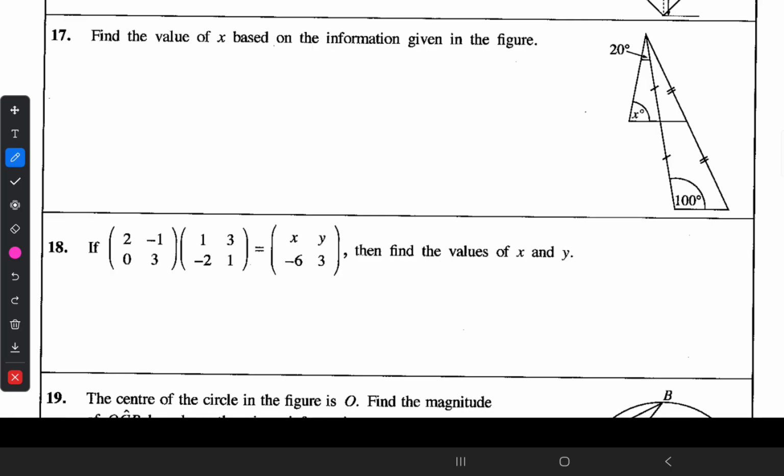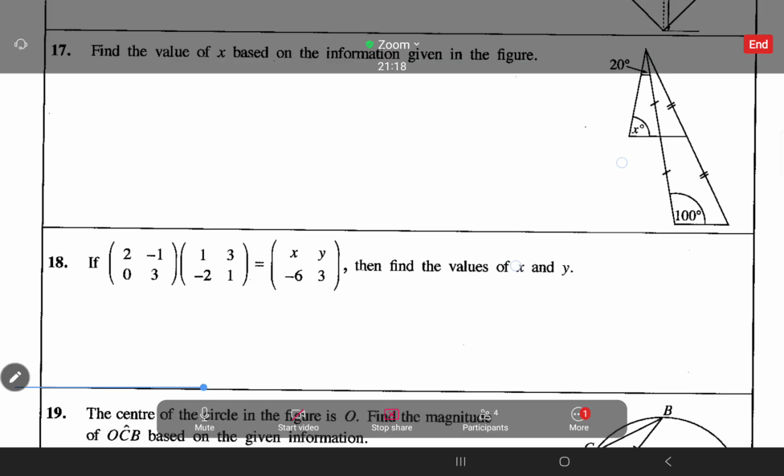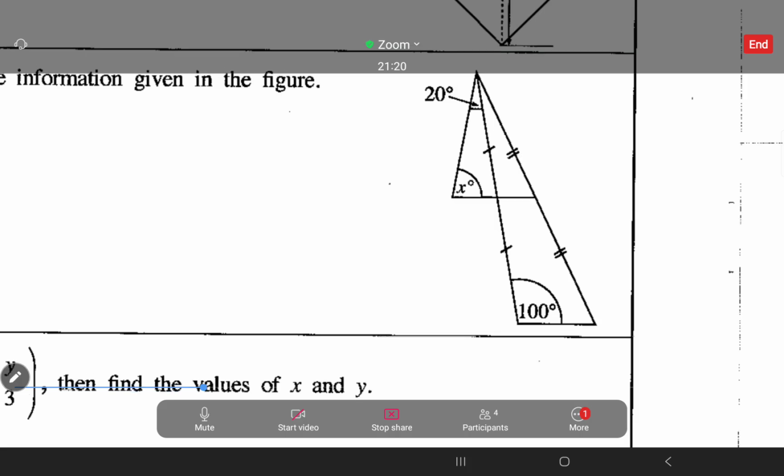Next, 17th question, midpoint theorem. When we connect the midpoints of two sides of a triangle, this connected line would be parallel to the third side and half of its length. The parallel one is needed here because we need to find the angle based on the diagram.